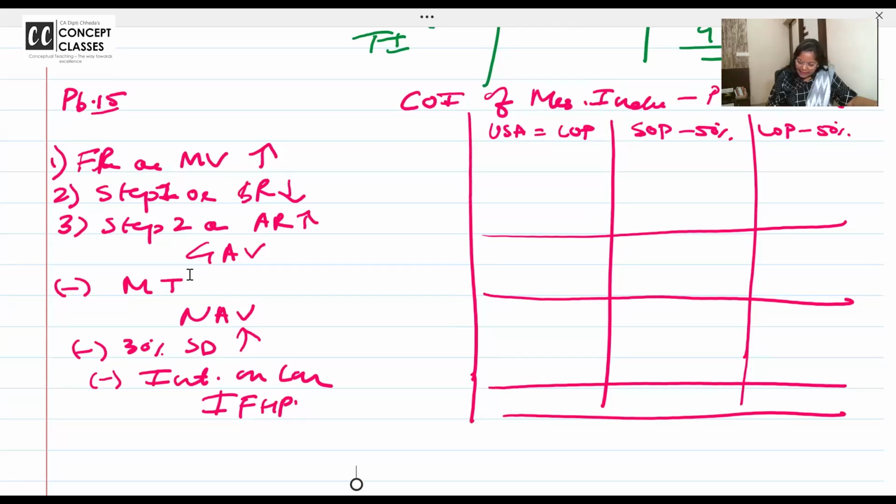No. So directly we will take the GAV: 1,500 per month into 12, but it's in dollars. The dollar rate must be given in the last line: 60. Pick up your calculator. How much are you all getting? 1,500 into 12 into 60.